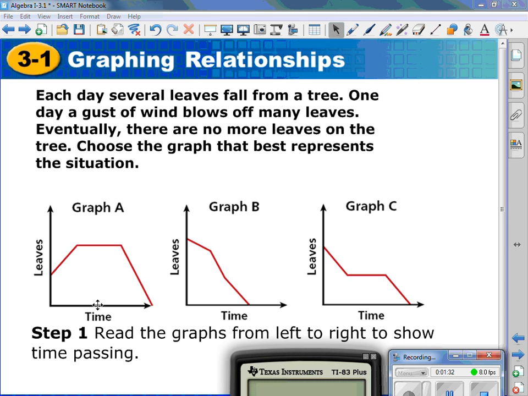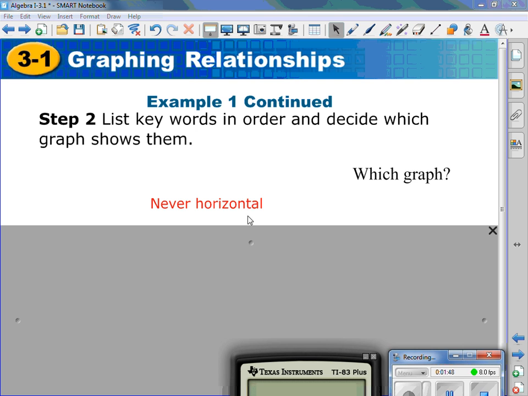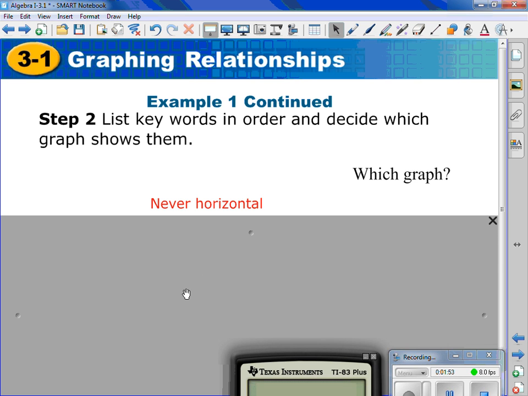Now, from left to right represents the time. Bottom means there are no leaves. Top means there's a lot of leaves. So we need to look for the key words. The first one, never horizontal.